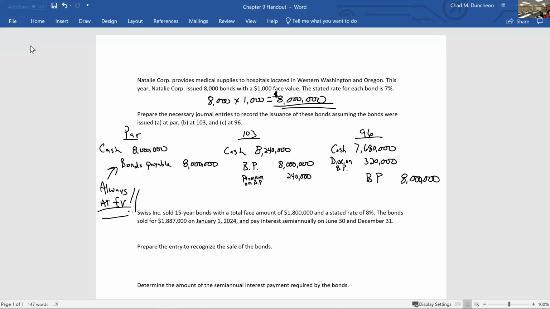And there's how you record the issuance of bonds, whether at par, at a discount, or at a premium. And then we're going to see in the next question, this premium or this discount, we are going to take away through a straight line amortization method, which we'll go through here in problem number 2.